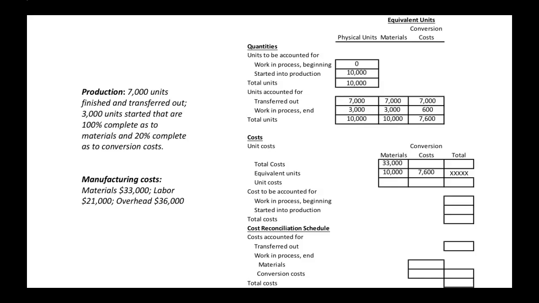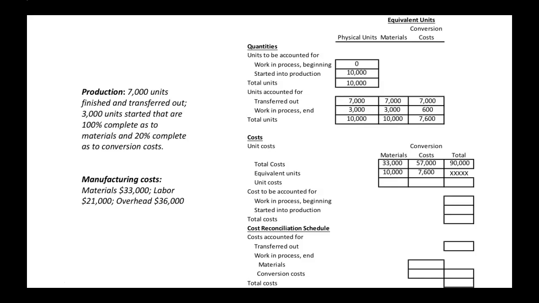For conversion costs, we said earlier those are your labor and overhead costs combined. So your labor is 21,000. Your overhead is 36,000. You add those together and you get $57,000. So your total cost altogether is $90,000. We get that by taking 33 plus 57.